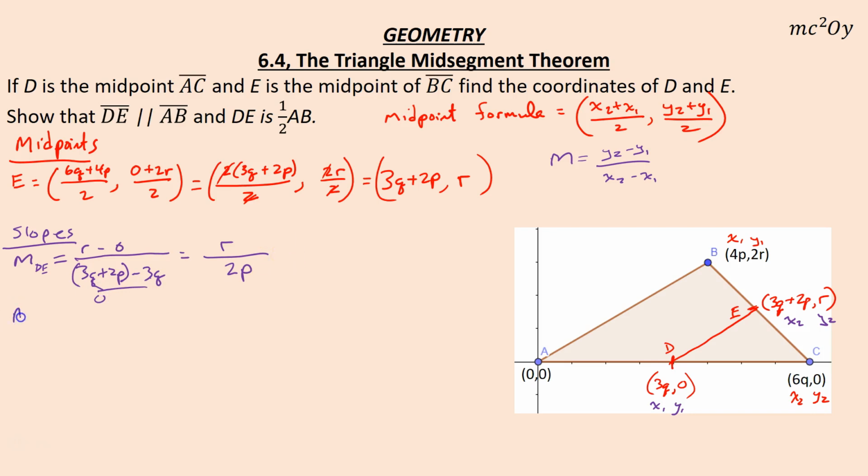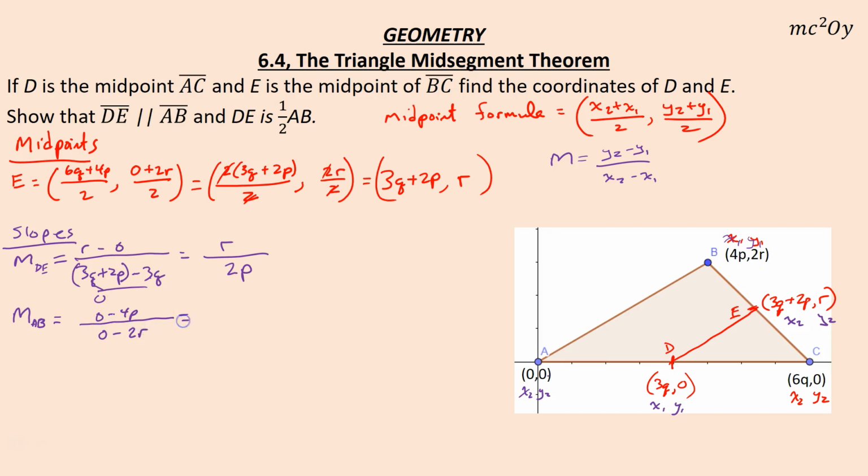Okay, well, let's hope the slope of AB is the same. So, kind of go through that same process there with AB. Well, this one's a little easier because you're dealing with zeros, right? So if we think of this as like my x2, y2, because I already got x1, y1 labeled here. Okay, so 0 minus 4p, and 0 minus 2r.